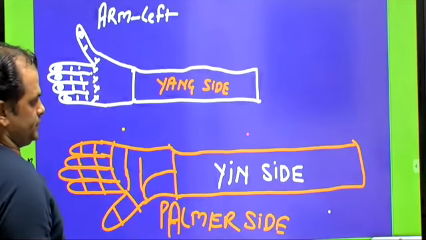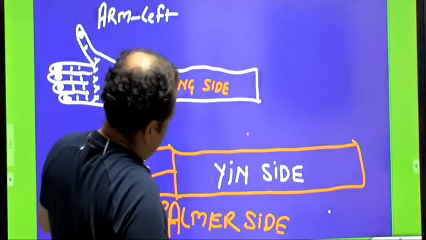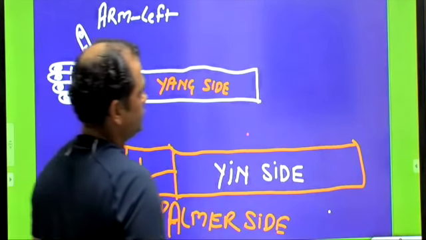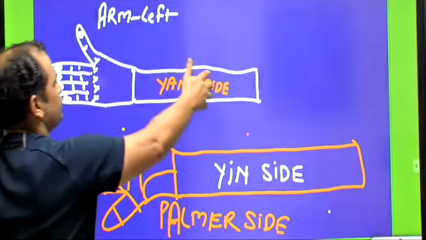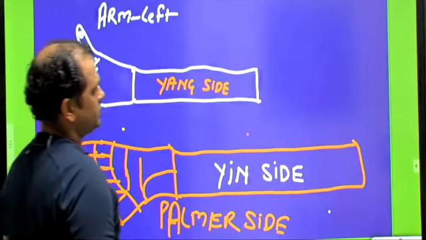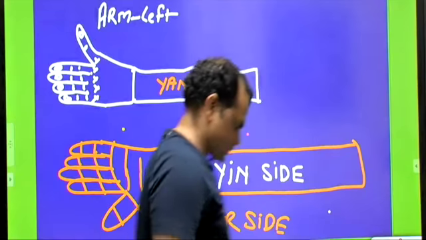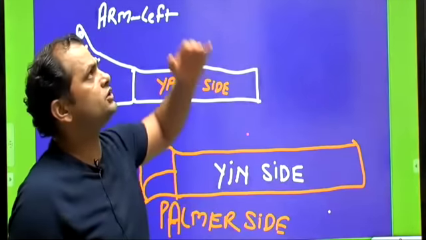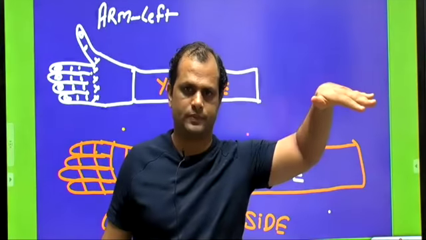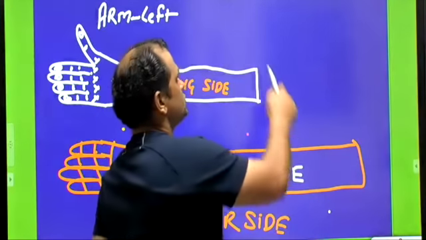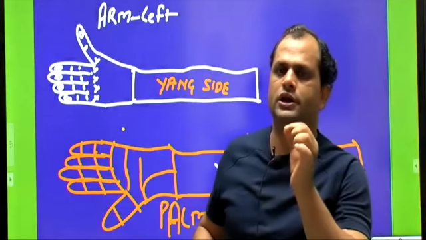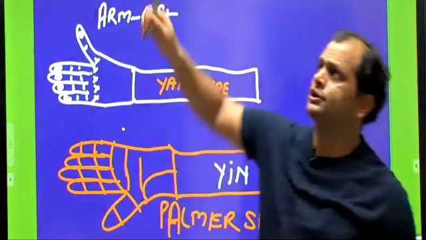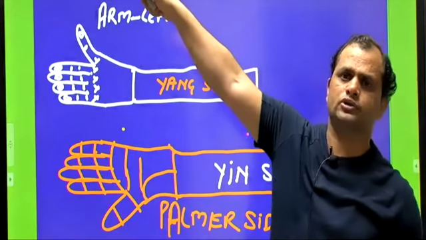So in this way, if the energy is flowing on this side, we call it a yin meridian. If the energy is flowing on this side, we call it a yang meridian. When energy is flowing, it is like the electricity wire. If you see the wire on the road, it is a very thick wire.